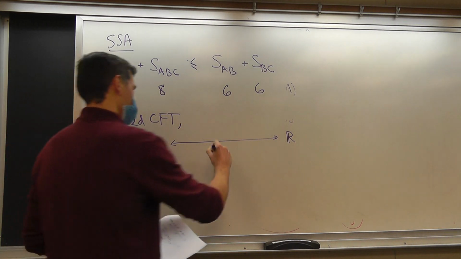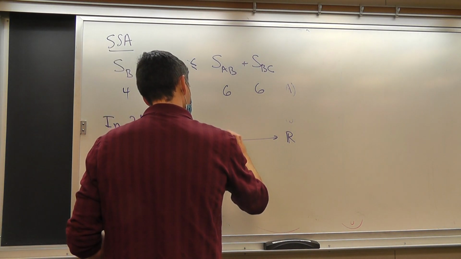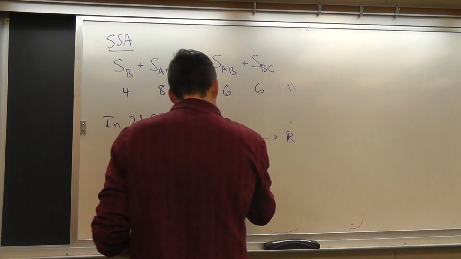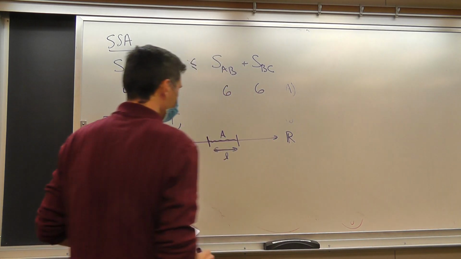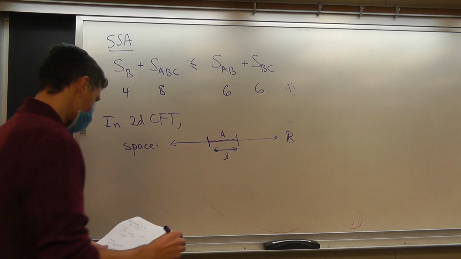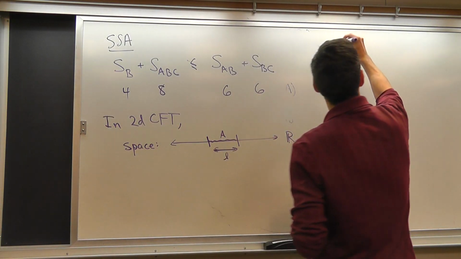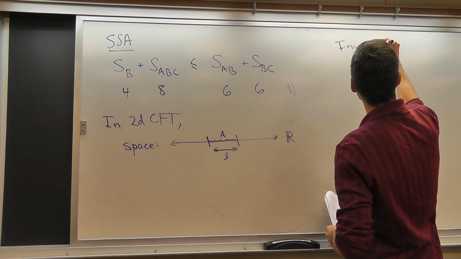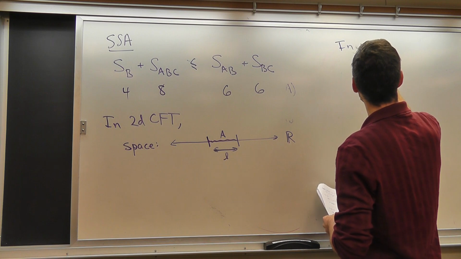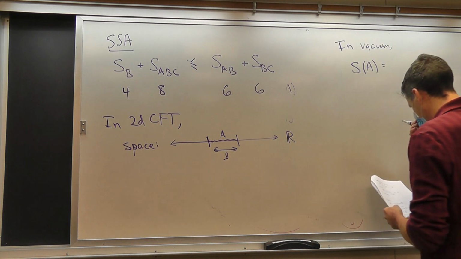So region A, if we pick a region, region A is just an interval on the real line. You know, entanglement is about regions in space, not in space-time. So let's say region A has length L. In the vacuum state, the entanglement entropy of region A has a famous formula.